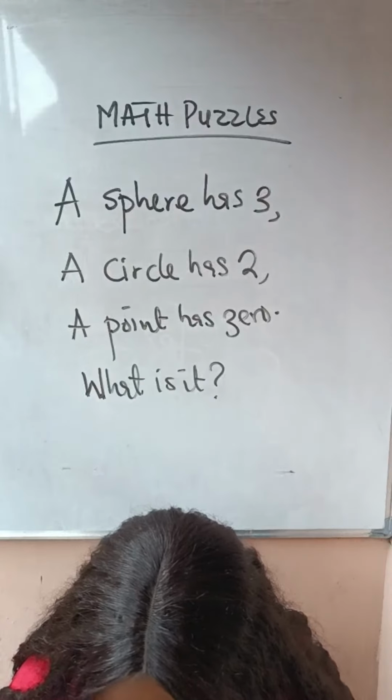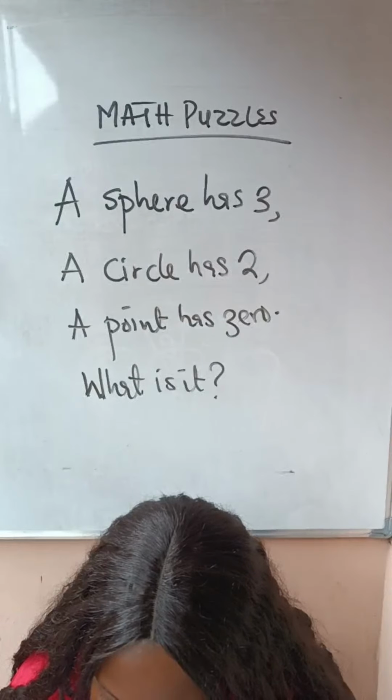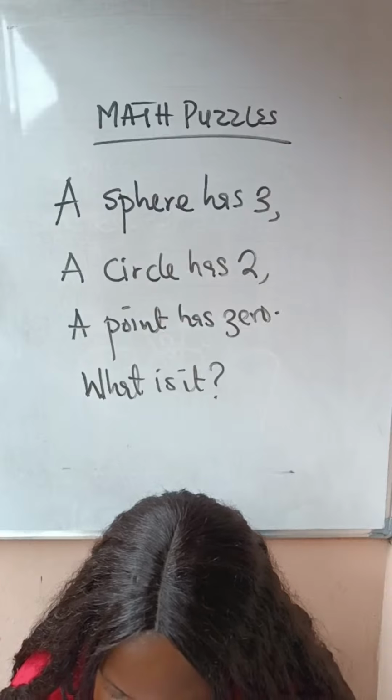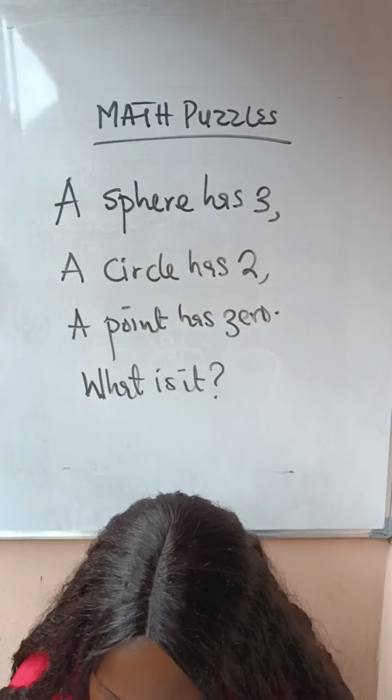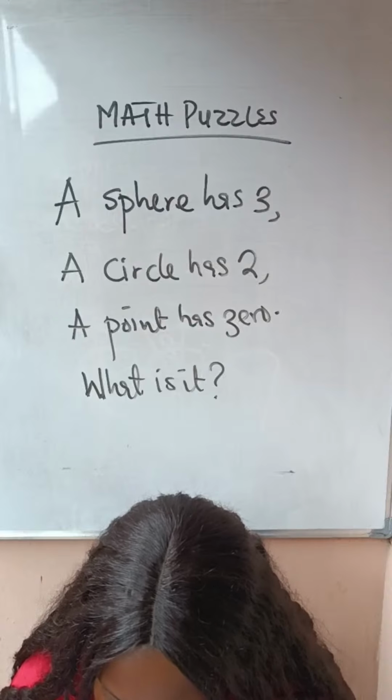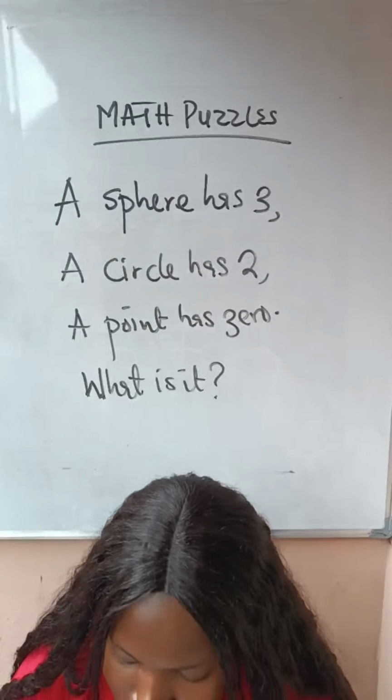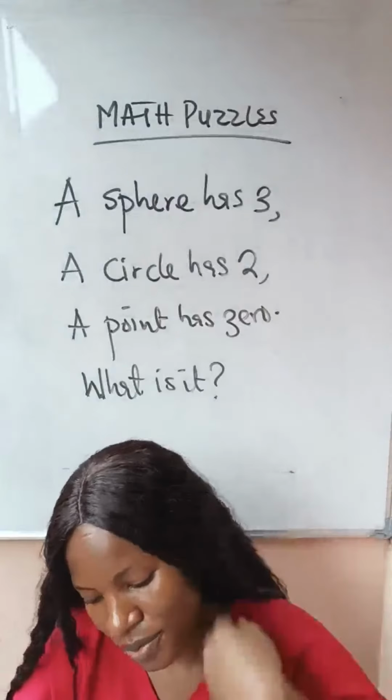Really? And then my answer is dimensions as well. Shugi is saying line isn't here. Hitman is saying dimensions as well.